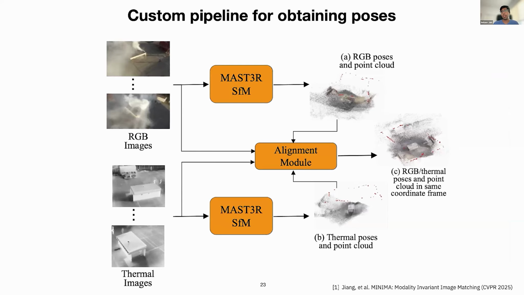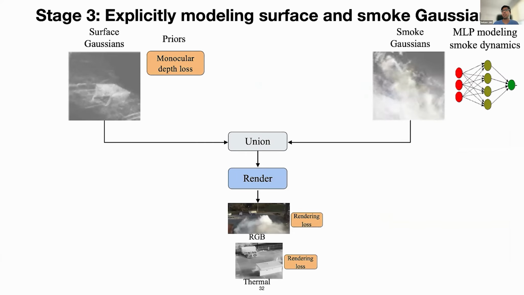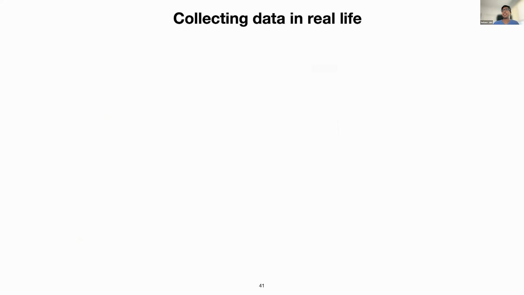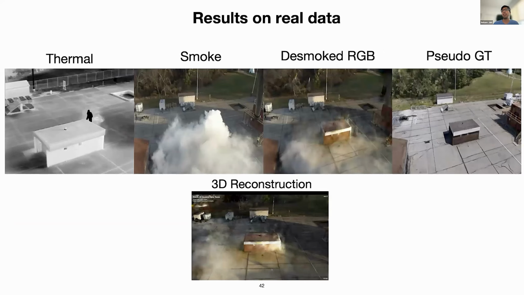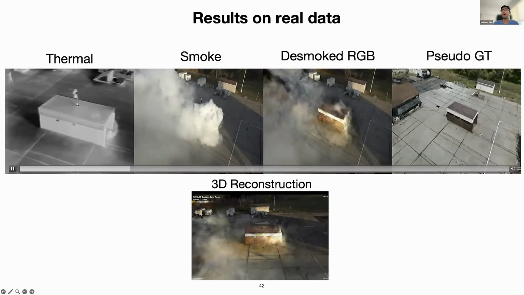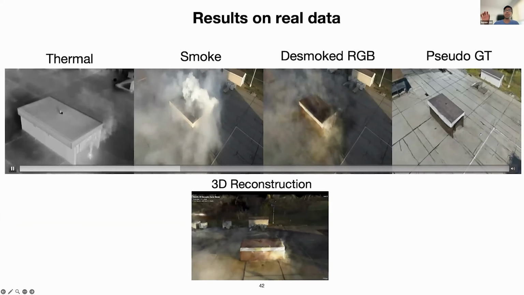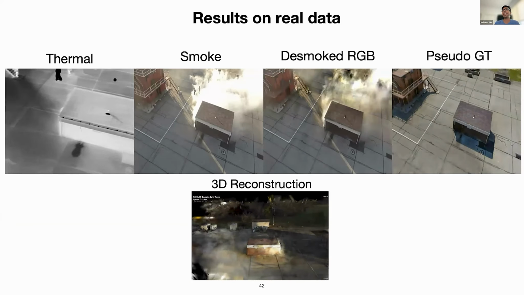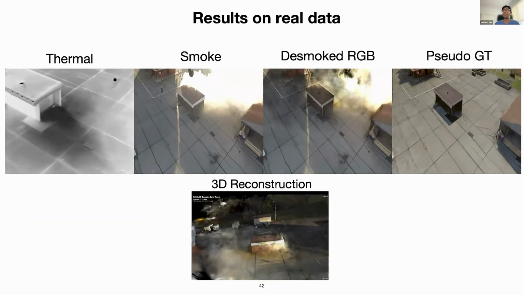And talking about the ground truth, obtaining ground truth for this particular task is challenging because you need to fly the drone in the entire same trajectory and capture at the exact same time, which is almost impossible.